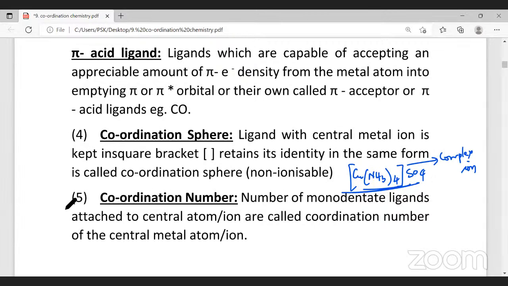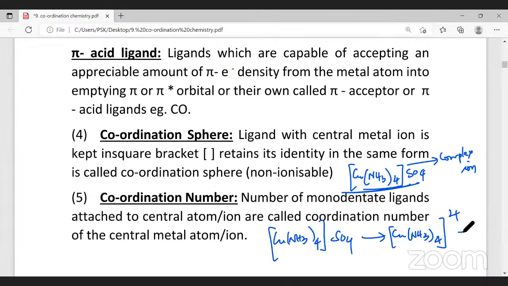If you put copper ammonia sulfate in water, we will name it later, it will dissociate to form [Cu(NH3)4]2+ and SO4 2-. So this is a complex ion. It will answer the test for sulfate, but it will not answer the test for ammonia or copper because these are not free.